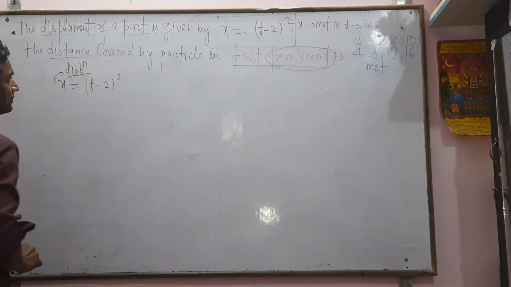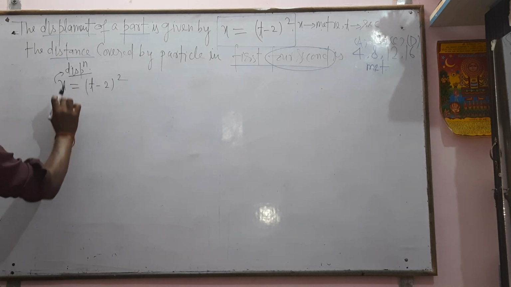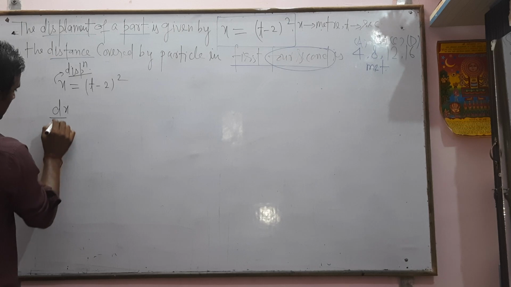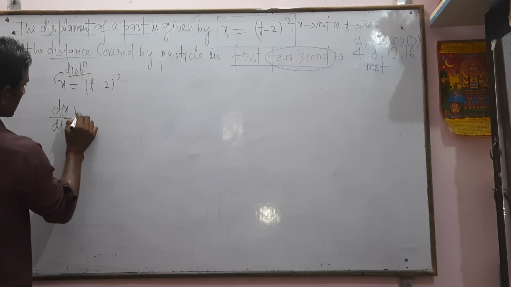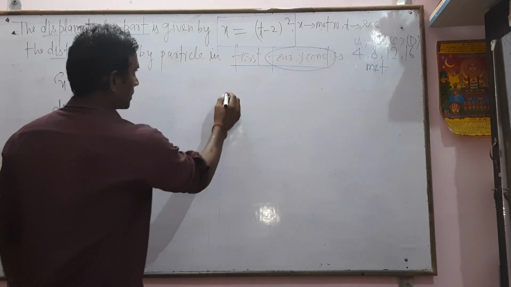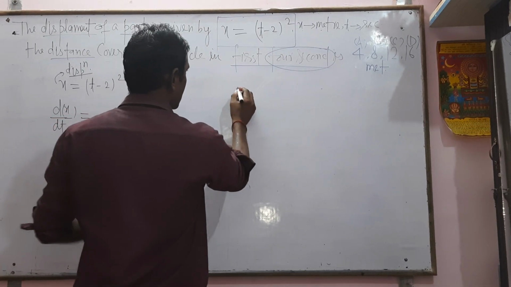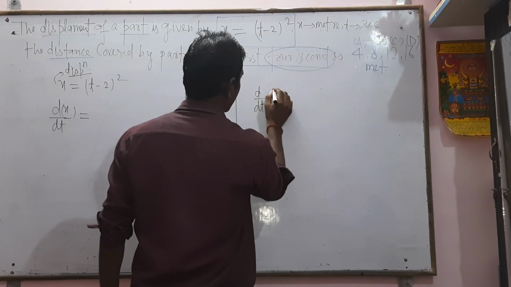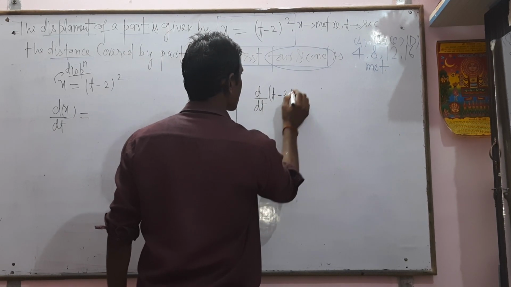So you can differentiate both sides. d by dt of x equals d by dt of (t minus 2) raised to 2.